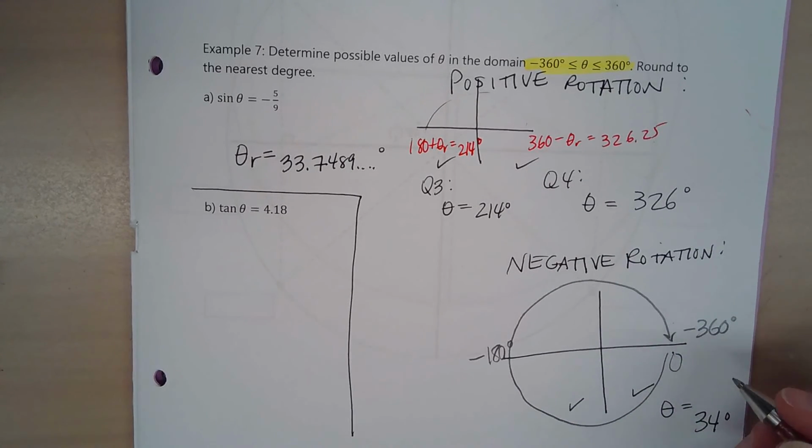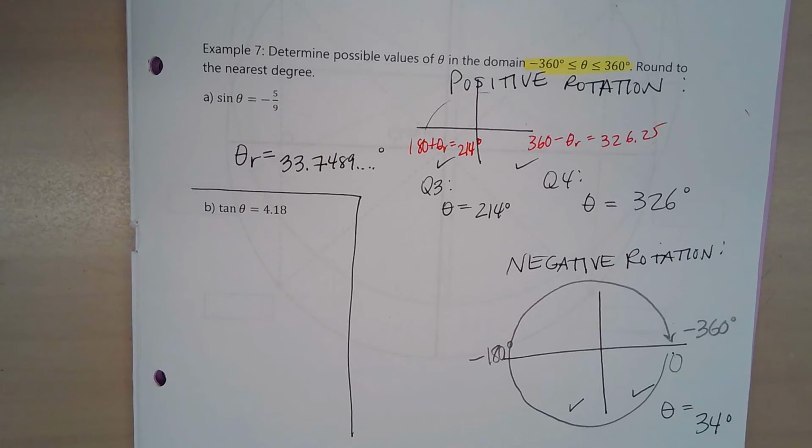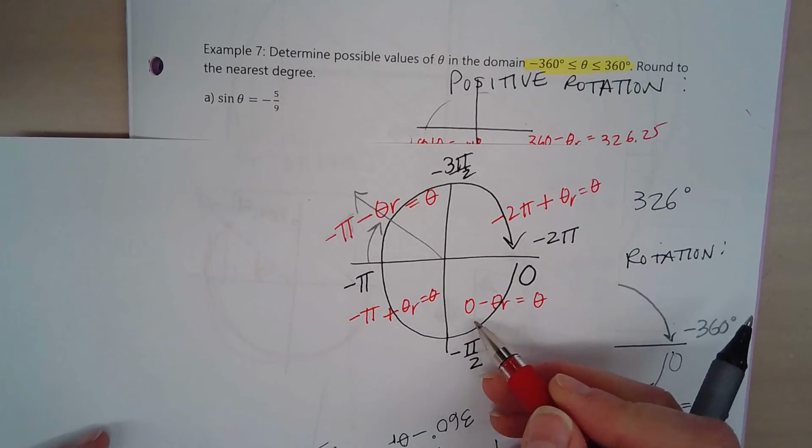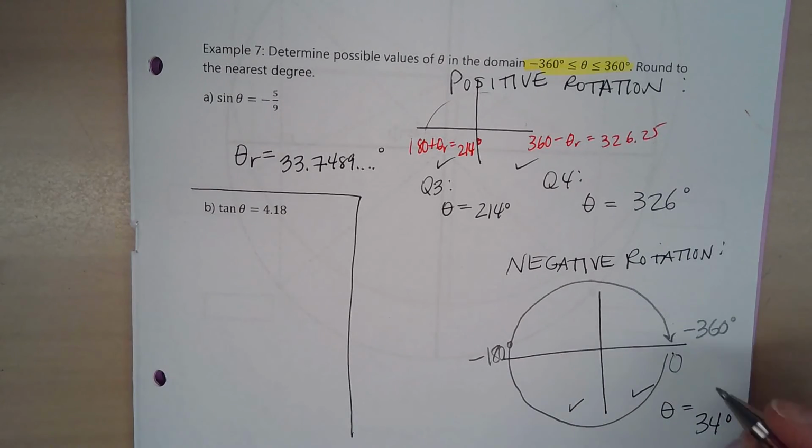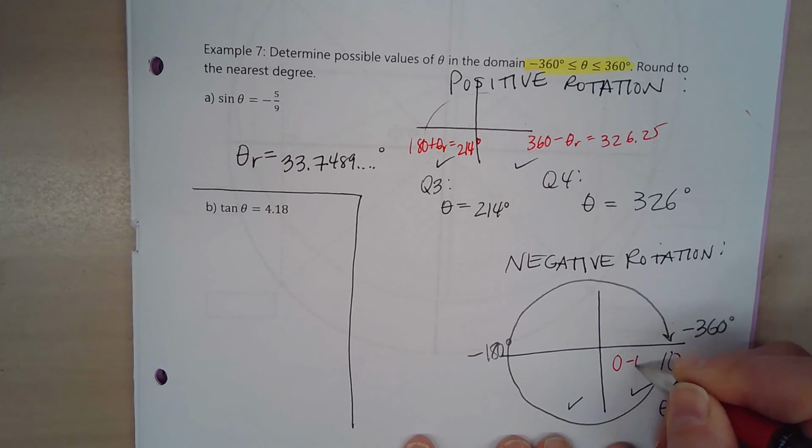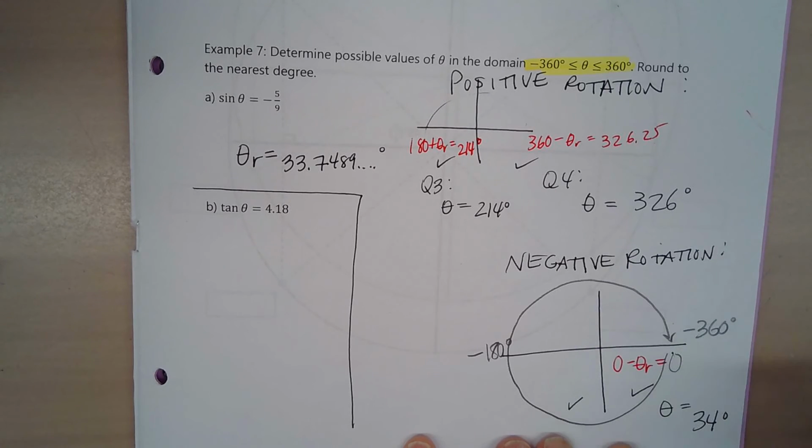So it's just like that little picture you just looked at. Here. Right? It's the same thing. It's 0, subtract your reference angle, right? So it gives you your angle. Oh, sorry, thank you, negative 34 degrees.